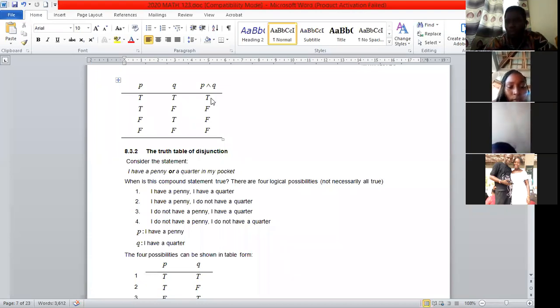So the first aspect is that true and true is equal to true. Just like in those days they told you 1 plus 1 is equal to 1. Let's say 1 represents true, and I have true plus true. So true plus true is definitely going to be true. So for conjunction, true and true is equal to true. True and false in conjunction is equal to false. False and true is equal to false, and false and false is equal to false.